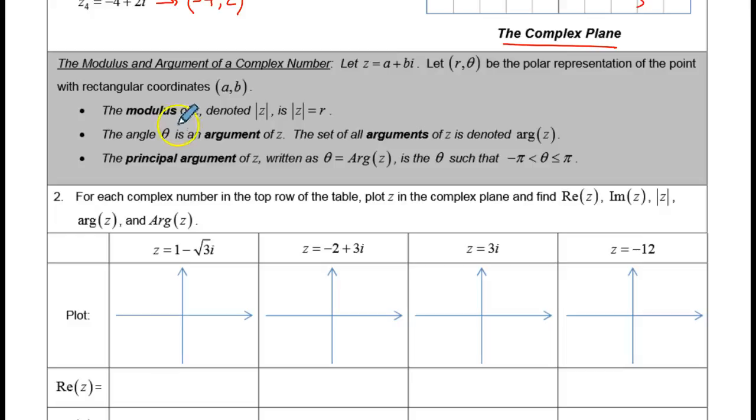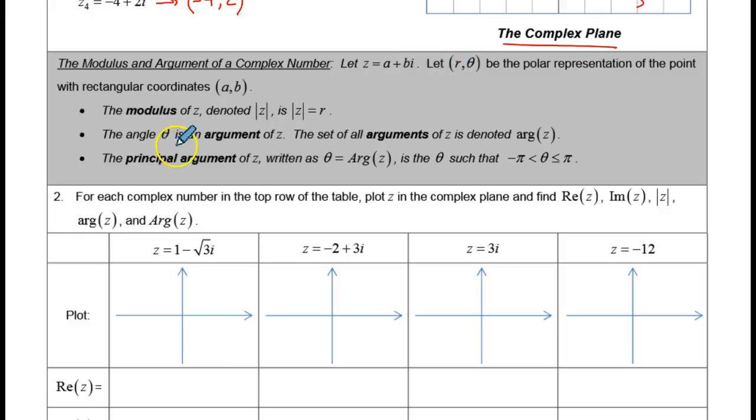So the modulus of z is denoted with z in a big absolute value symbol, and that is equal to r. So the modulus of a complex number is equal to the radius of the point in polar form.